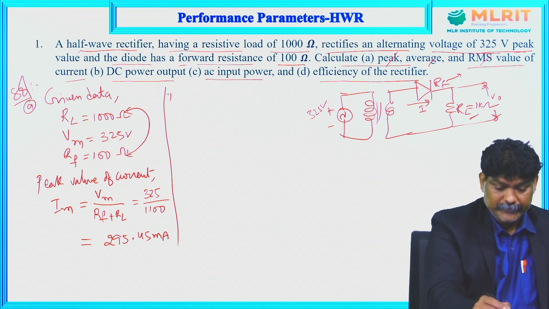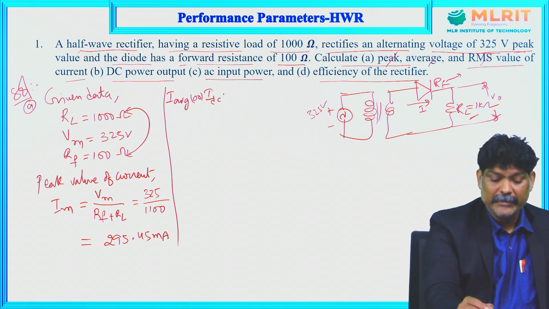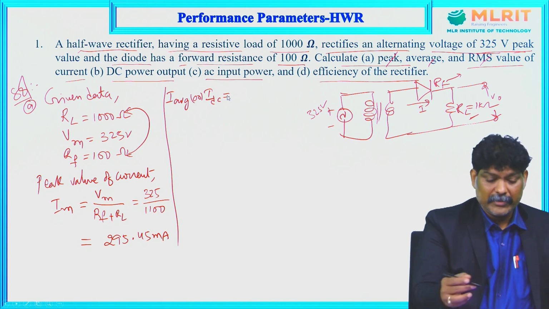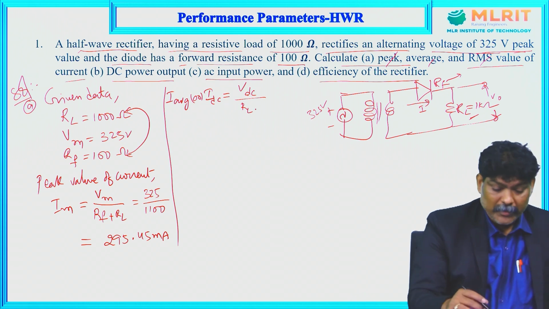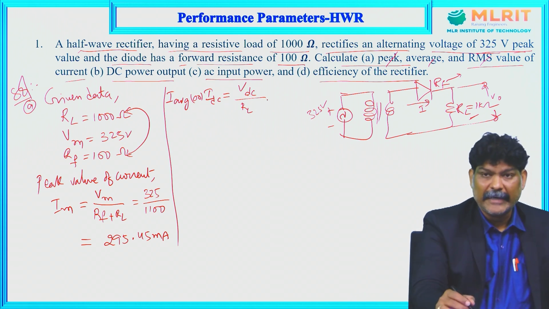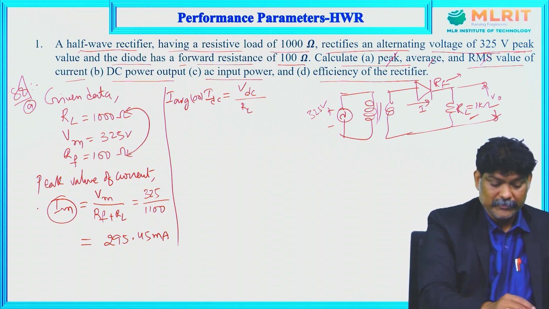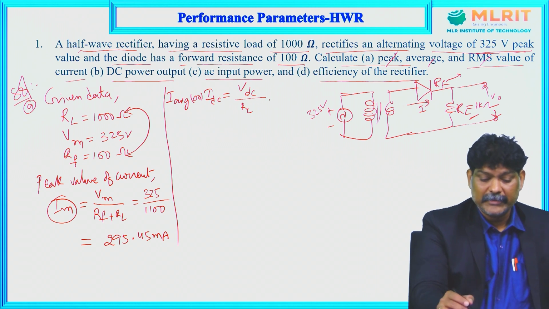In the same way, we have to calculate the average current, or we can also call it IDC. The formula is I equals V by R, so VDC by R. After derivation, we get Im by pi.